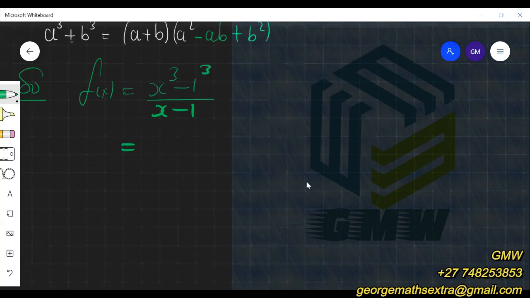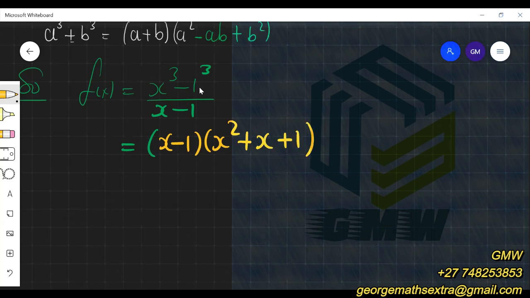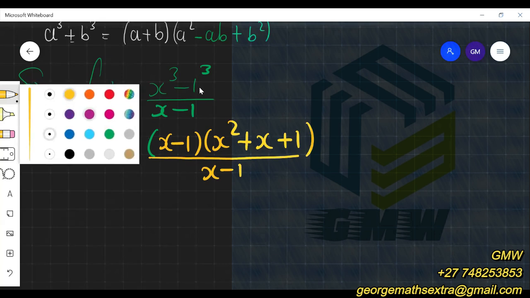Do you now see it's a difference of cubed terms? So what do we write? x minus 1, then x squared plus x plus 1, then over x minus 1, right?